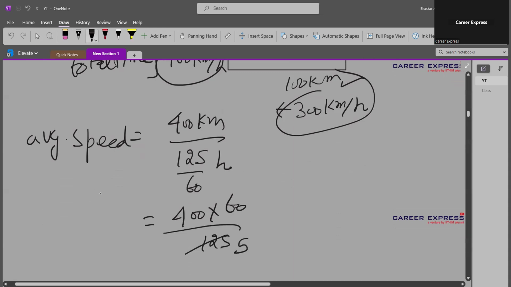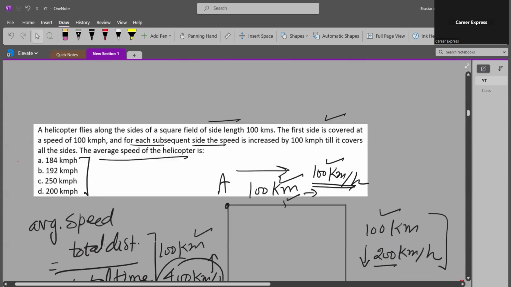We can cancel 25 5 and 25 16. Then 5 and 12. So the answer will be 12 into 16, that is 192 kilometer per hour. So that will be the answer B.